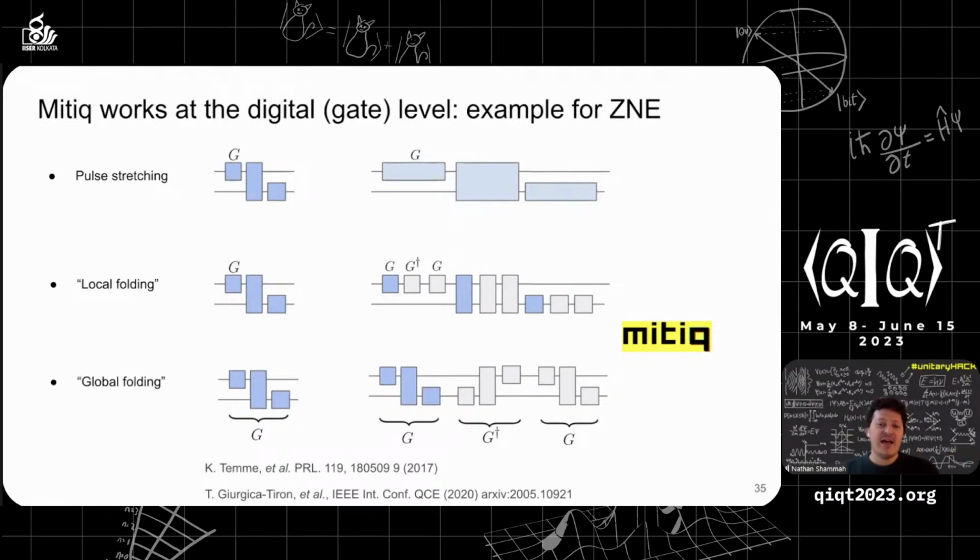And what was done in this paper with some collaborators from the Unitary Fund team was to implement ways to do this stretching at the gate level. And here you see two so-called local and global folding, whose meaning you can immediately understand.